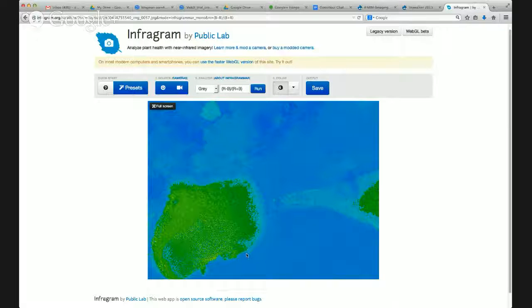What the aerial imagery has started to show is that we can quantify that surface color of the algae visually. So with the Infragram here, we're curious to see if it was picking out where we had the algal growth. And there's some other aquatic growth as well.